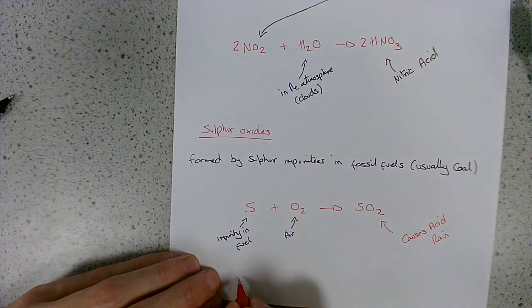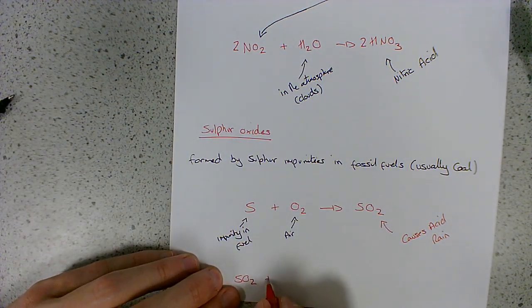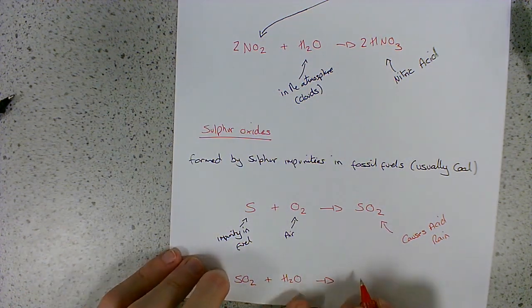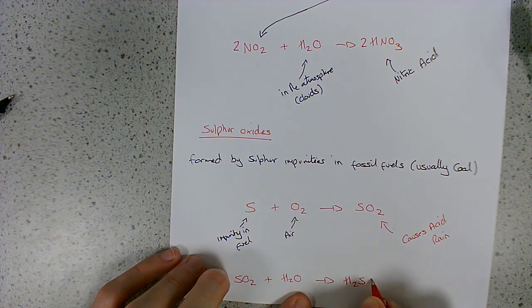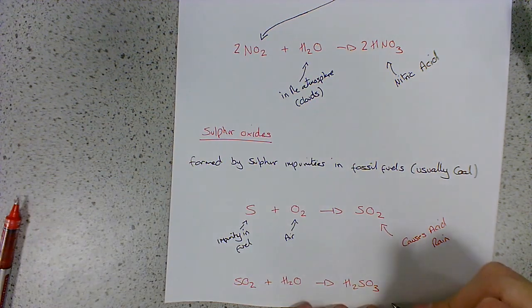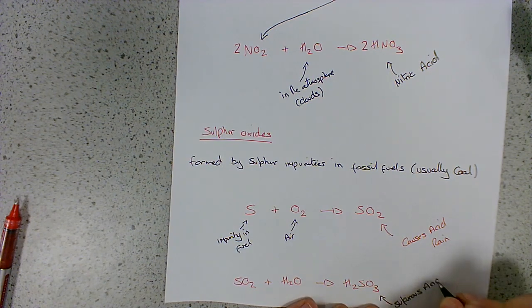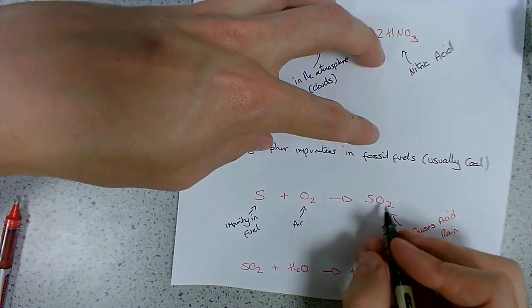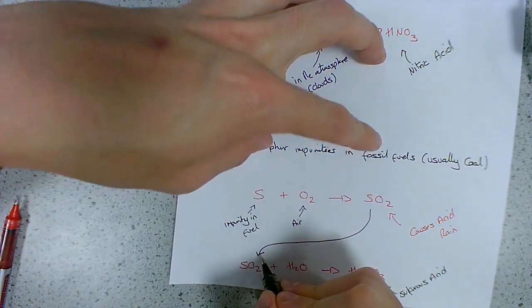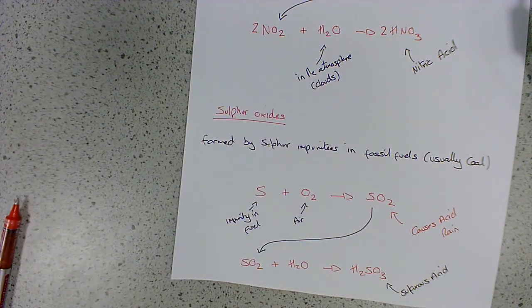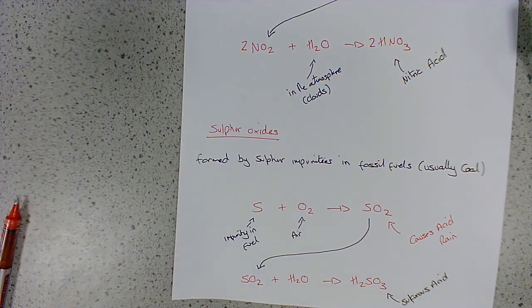The sulfur dioxide that's being produced reacts with the water vapor already in the atmosphere to produce sulfurous acid. And again, that water vapor is from the atmosphere, that sulfur dioxide that's being produced from the sulfur impurities in fuels, reacting with the water vapor in the atmosphere, this time to produce sulfurous acid.